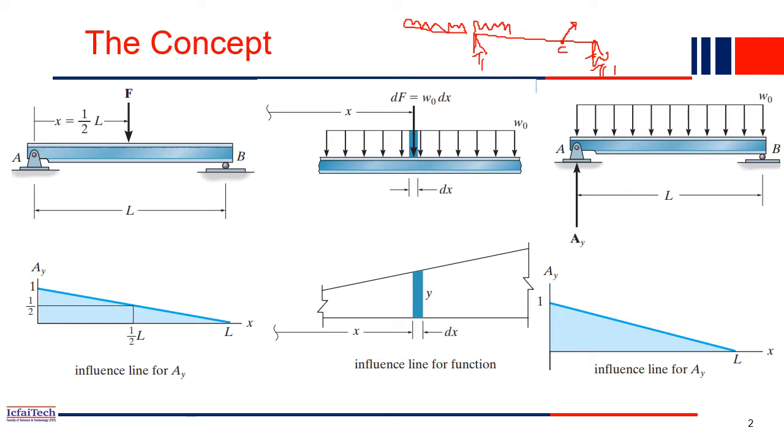At the initial stage, our train is here. After some time, maybe after 1 minute, our train has moved from the number one location to the number two location. So this is the second location. Now obviously there will be a change in the shear force or bending moment at the point C that we are finding.